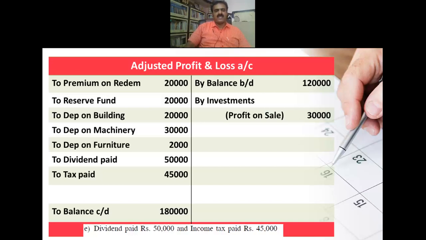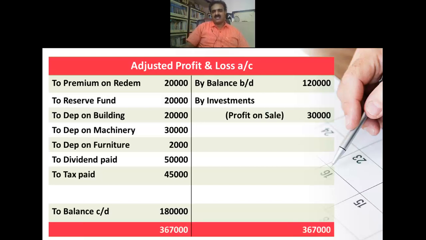And in spite of that, you need to look into any special items, like goodwill written off, preliminary expenses written off, or any other fixed assets to be treated as depreciation. In this balance sheet, there are no such items. Therefore, this ends the preparation of the adjusted profit and loss account.